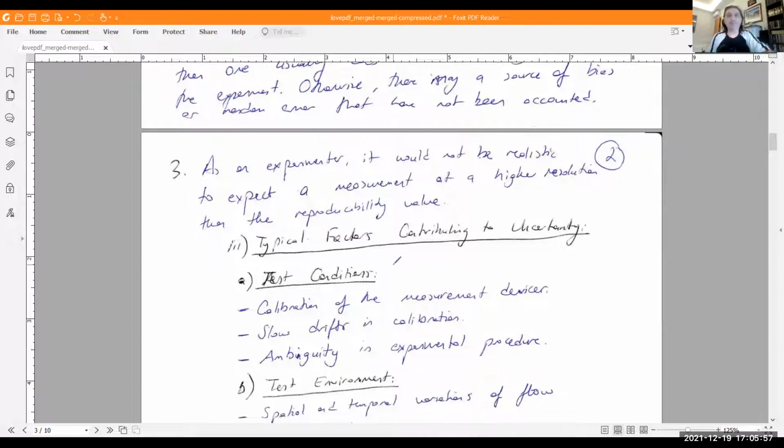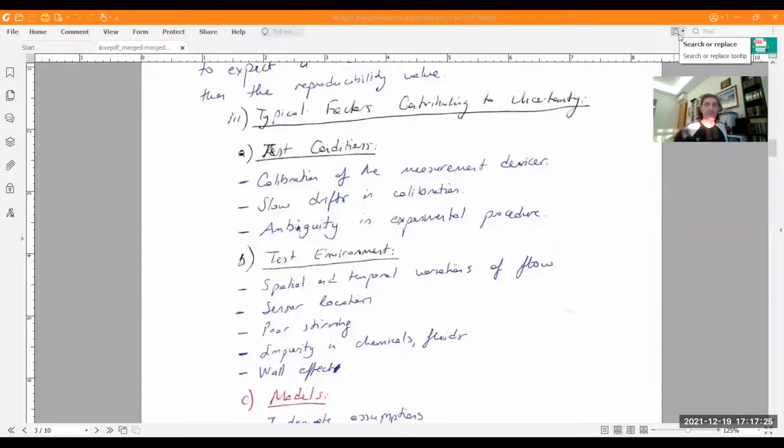in your analysis. Now, when it comes to the factors that cause uncertainty, we may divide them into three different headings or items. The first one is test conditions. It's related with the testing equipment and the procedure itself.